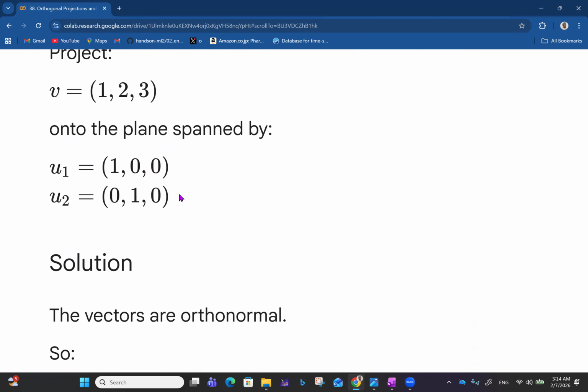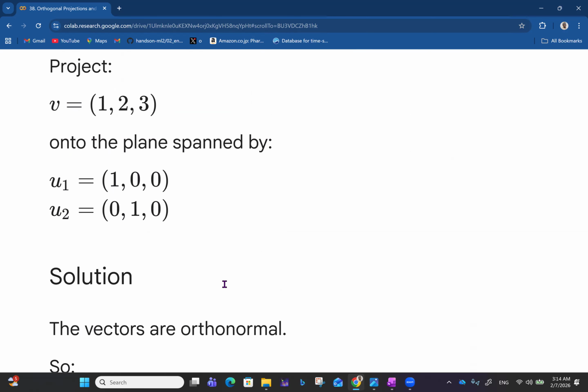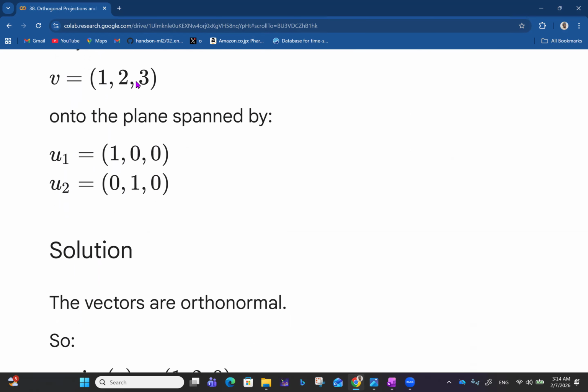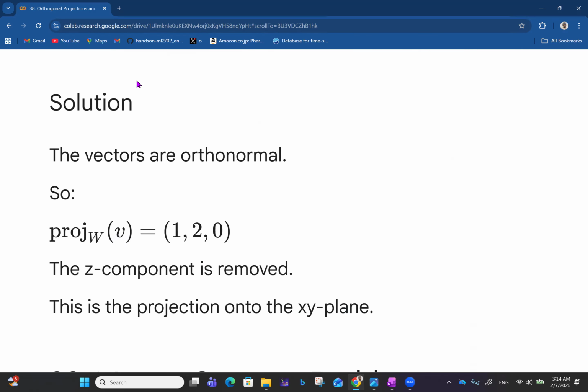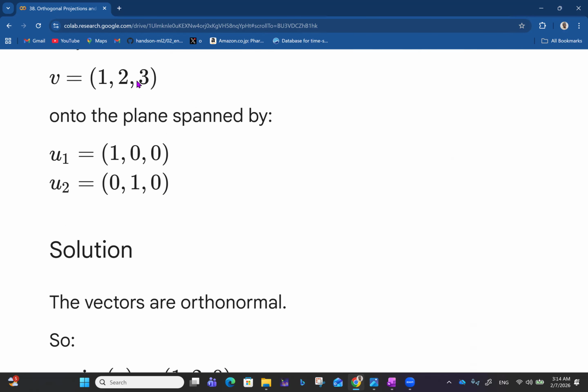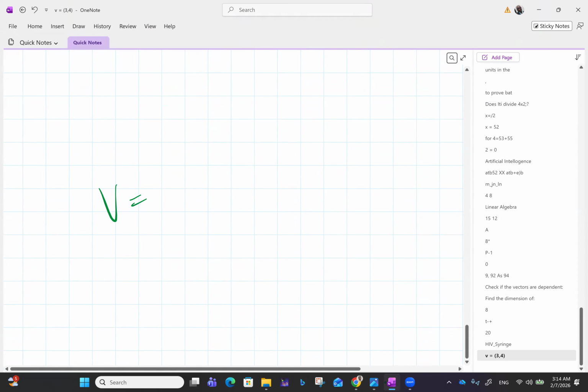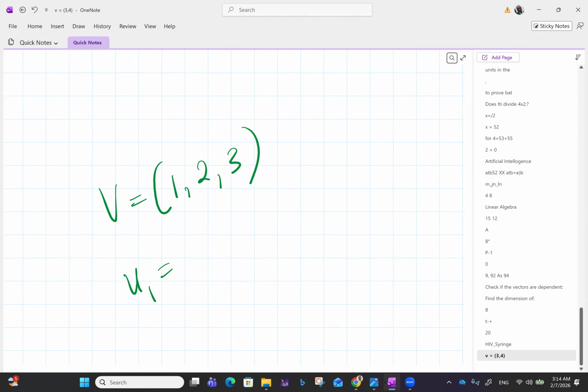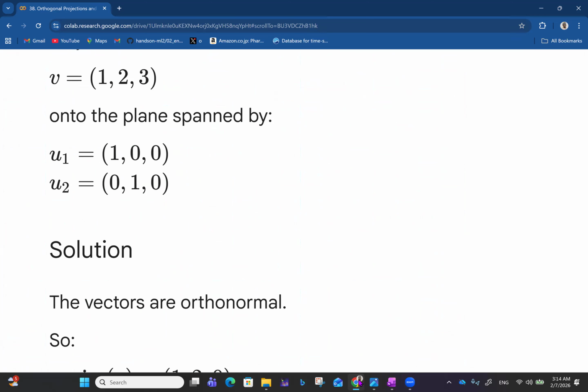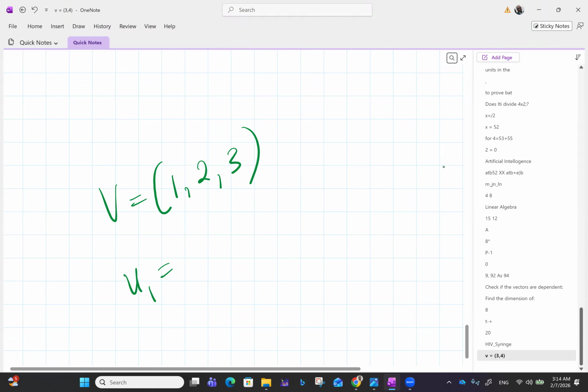I mean, we are projecting v onto W. Let me clarify and work that out. V is (1, 2, 3), u1 is (1, 0, 0), and u2 is (0, 1, 0).